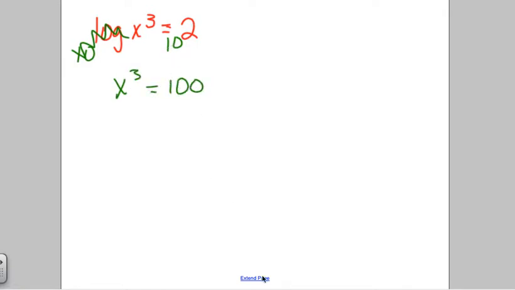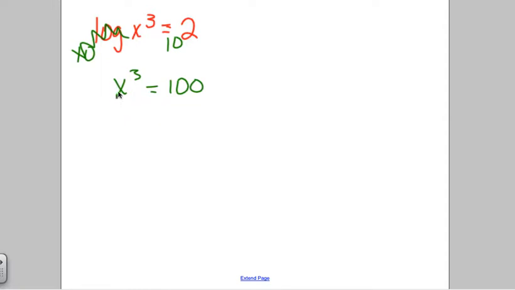What if I have log of x cubed equals 2? I already have my single terms on each side, so what I do is I raise both sides as a power of my base, so that 10 to the log 10 will cancel and I'm left with x cubed, but this is now 10 squared, which equals 100.